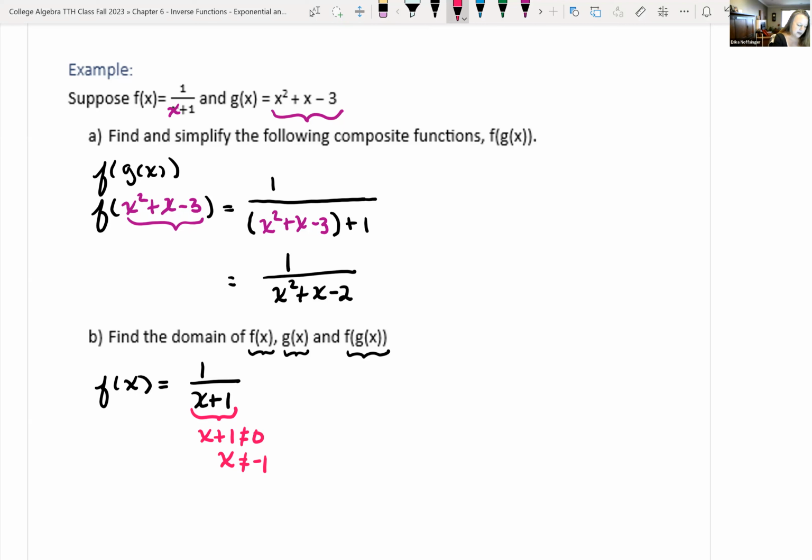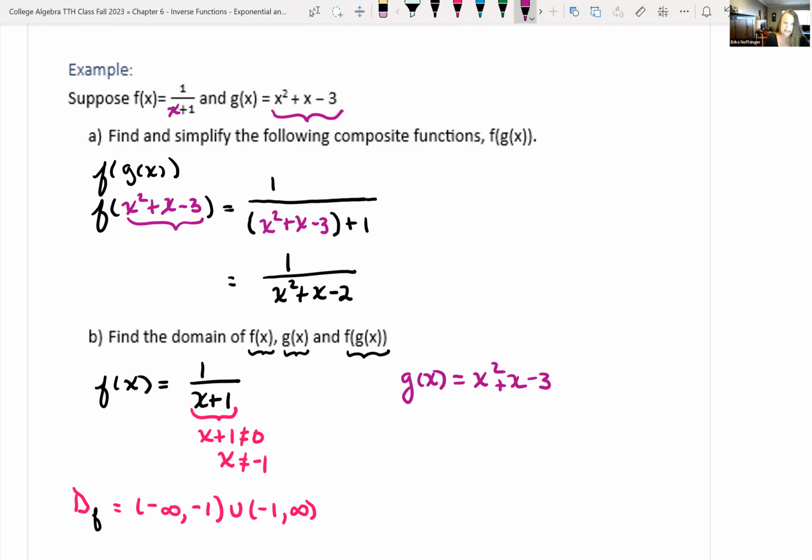So our domain for f is equal to negative infinity to negative 1, not including, so parentheses, union negative 1 to infinity. If we look at the domain of g, notice that g of x, which is this x squared plus x minus 3, doesn't have any trouble spots.